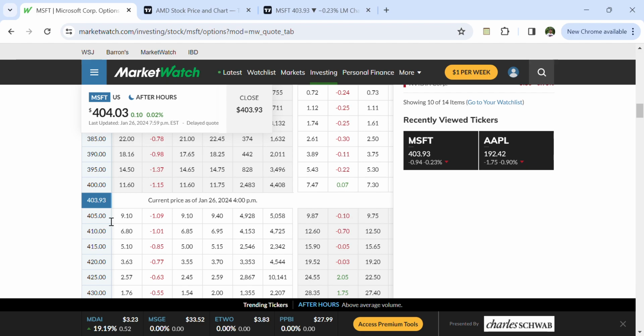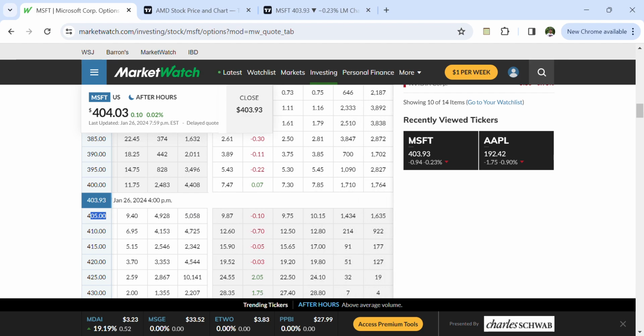Here, the 400 call is in the money, the 405 call of February 2nd is out of the money, 410 is out of the money, 415 is out of the money. Similarly the 395 call is in the money, and vice versa for puts.